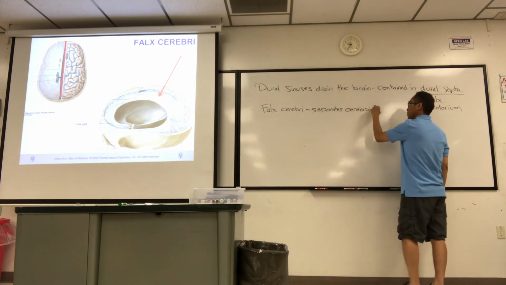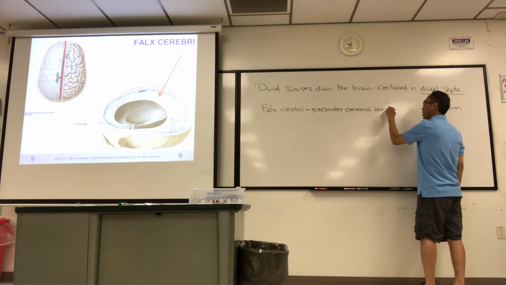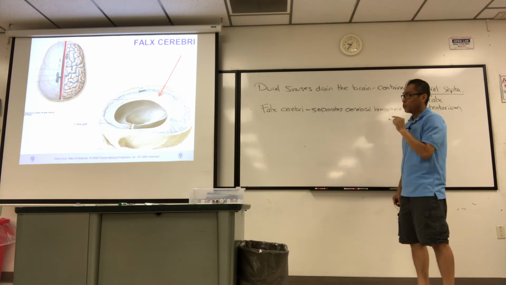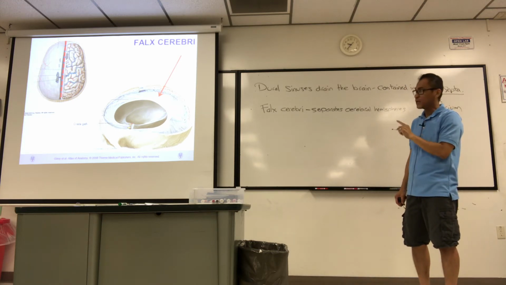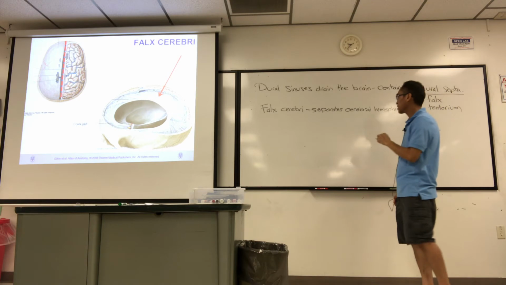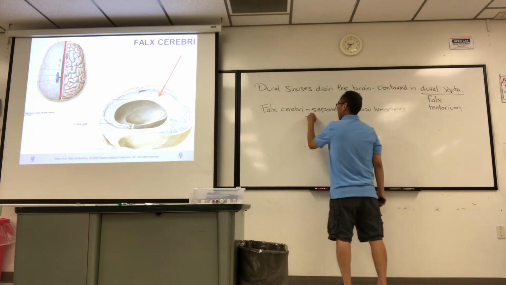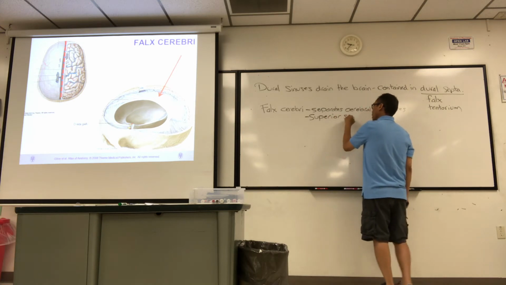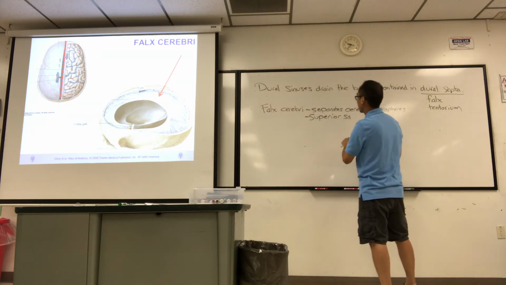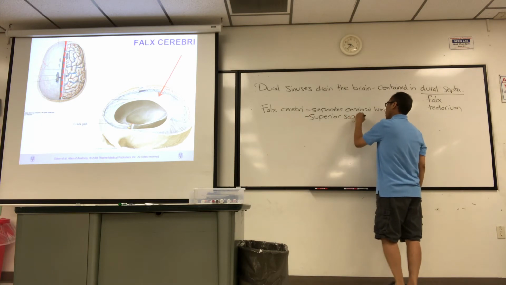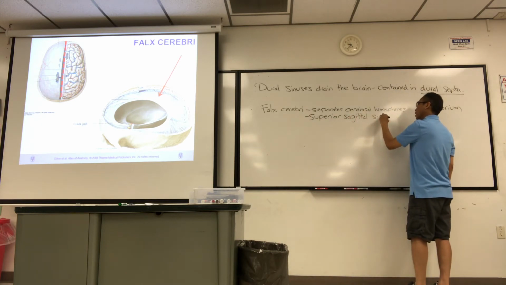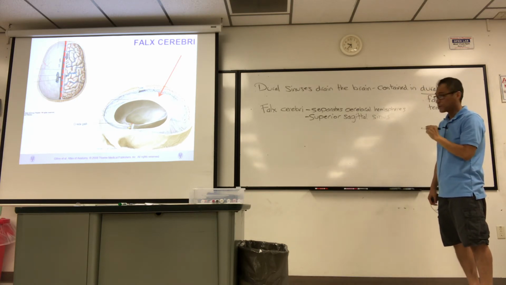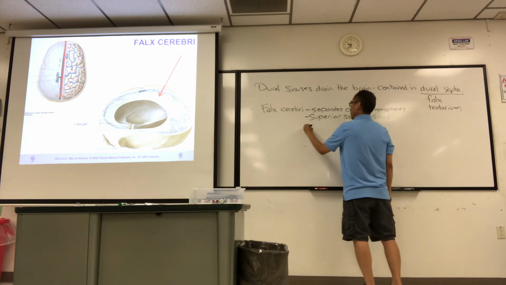Now, within the superior border of the falx is the superior sagittal sinus. And within the inferior border of the falx is the inferior sagittal sinus. It's a little smaller.